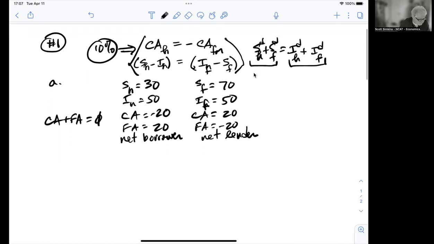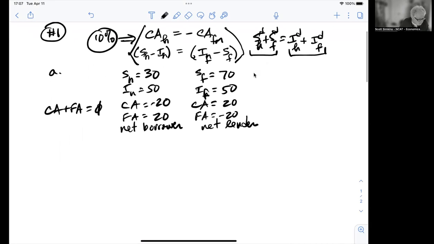Part B, question number 1. This is actually part of what we did just here. How are they related? The financial account has to do with sales or purchases of assets across countries, and indicates whether a country is a net borrower or a net lender.